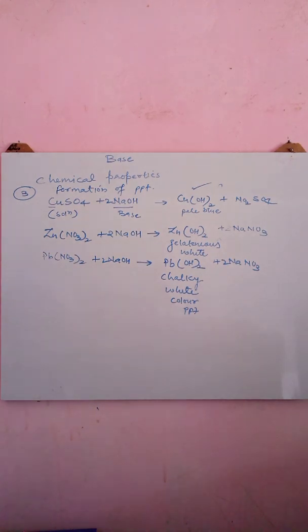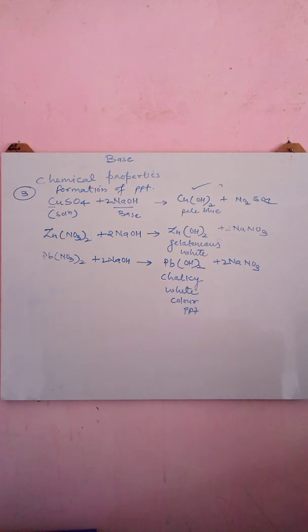So whenever soluble salts of heavy metals are treated with base, they form the hydroxide of that heavy metal in the form of precipitate, and salt, right?